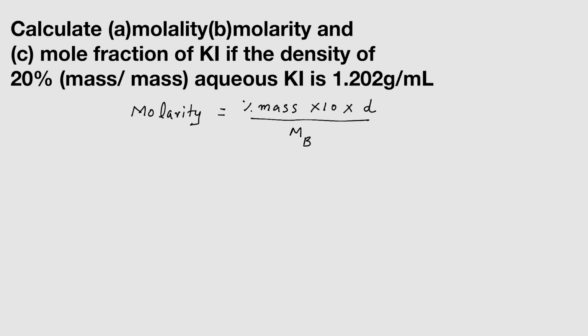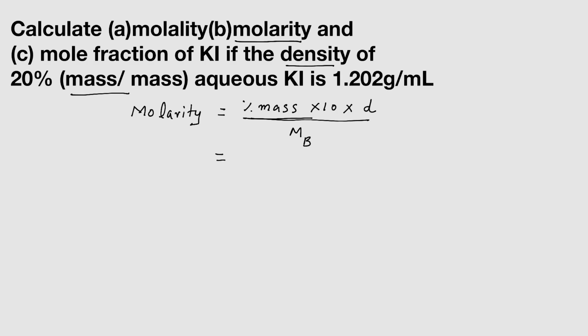Now we have to find molarity. See, if density and mass percentage are given, here you can see mass percentage is given, density is given, then there is an equation to find molarity directly. This is that equation: mass percentage into 10 into D by MB. So you can directly apply the values.